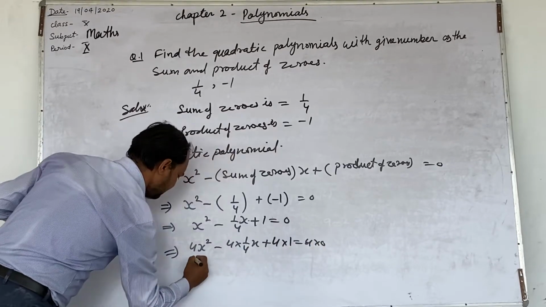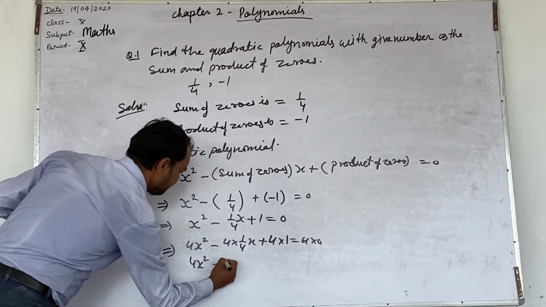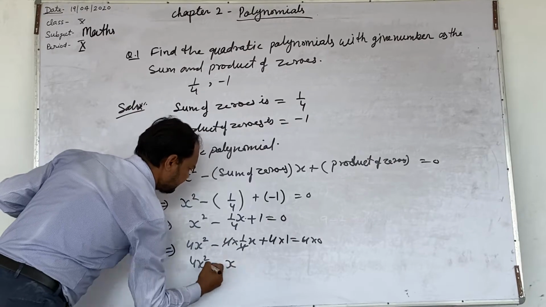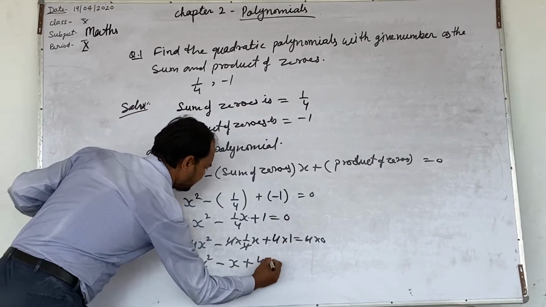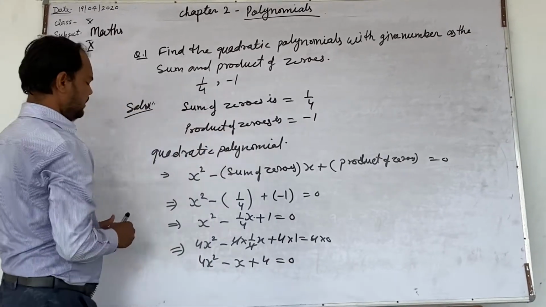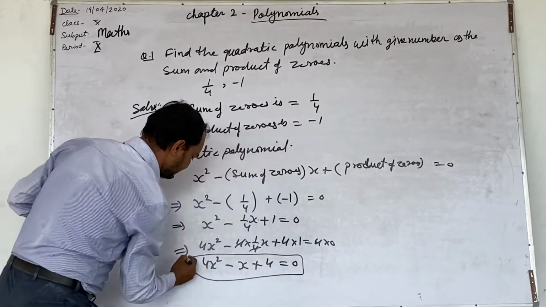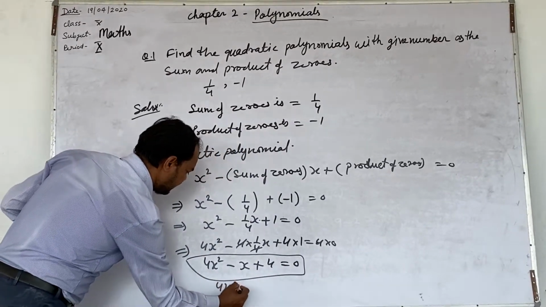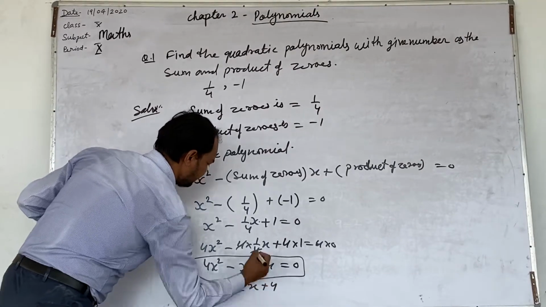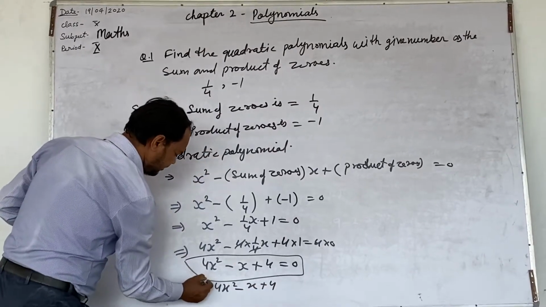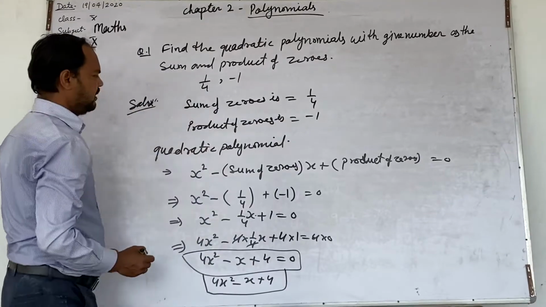This will give you 4x square minus x minus 4 equal to 0. This is your required quadratic polynomial.